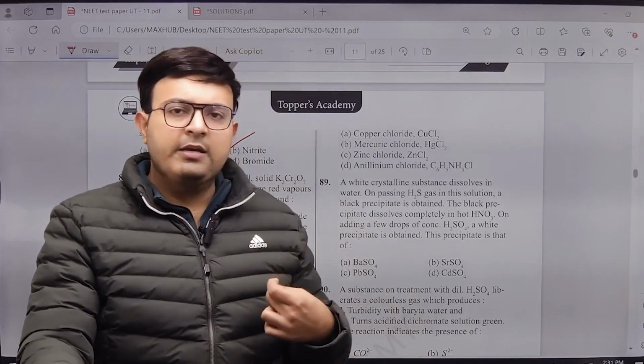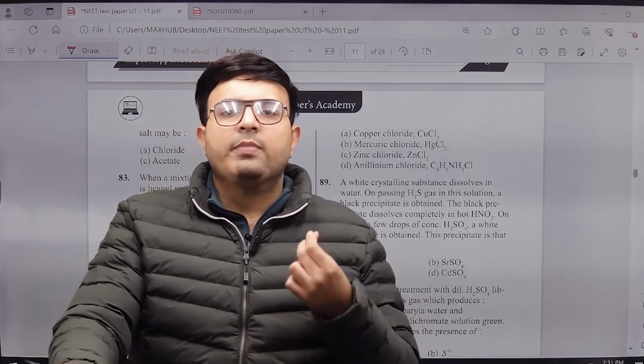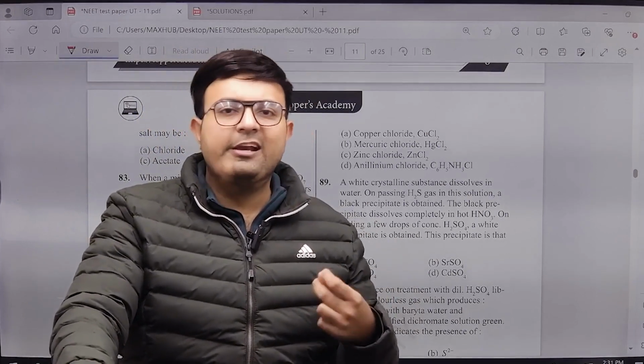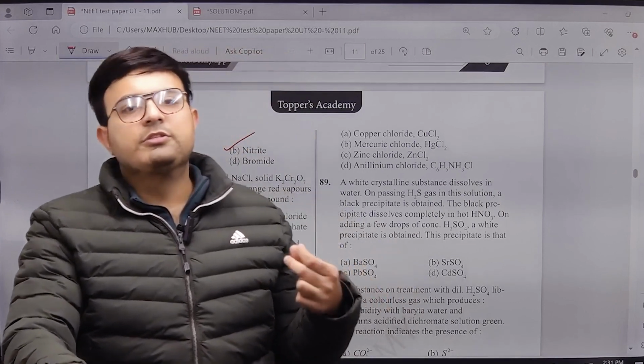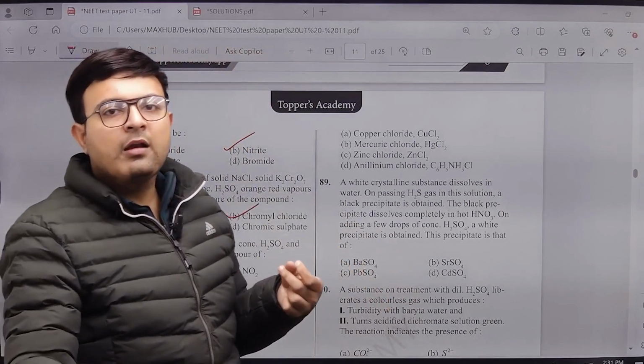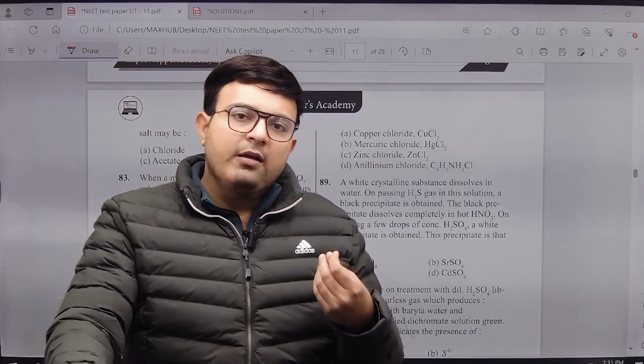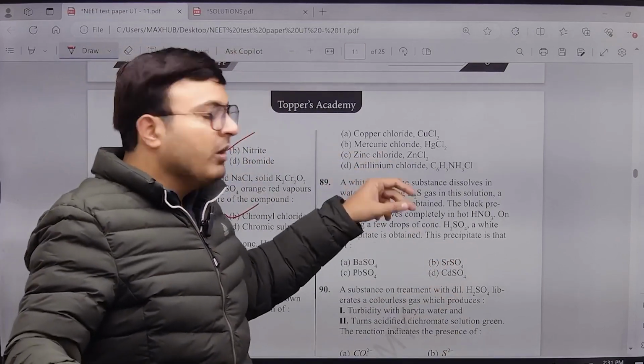So which is covalent? According to Fajan's rule, the compounds which are satisfying pseudo noble gas configuration, that means having 18 electrons in the valence shell, which is of transition metal, are more covalent.